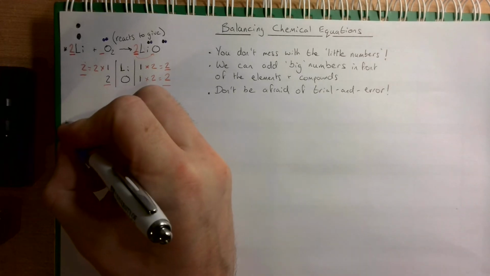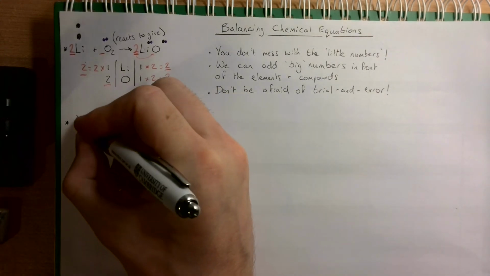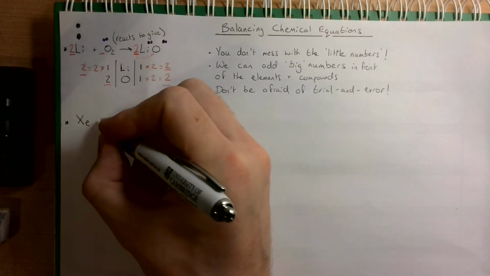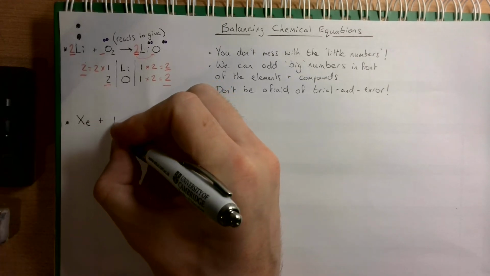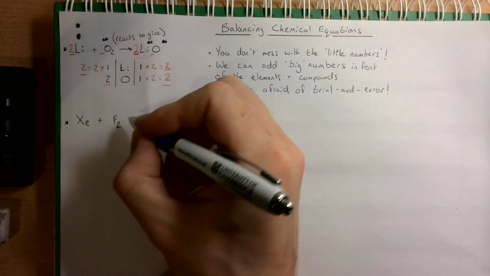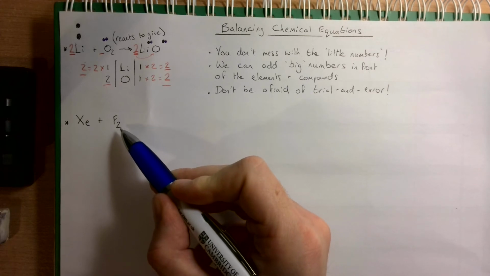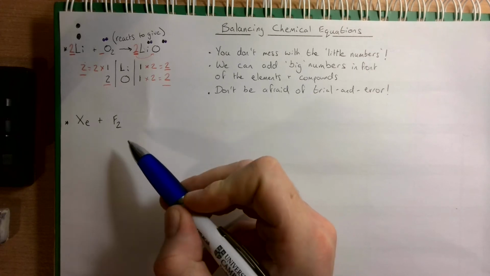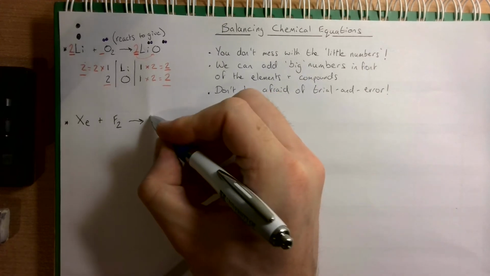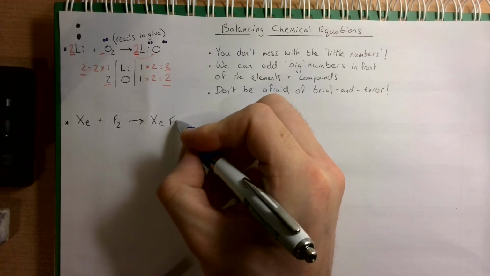Let's pop in another one. And what I want you to do is pause the video when you've written this in and have a go, and then resume it and I will do it along with you. Okay, so in this one we've got xenon. One atom of xenon reacted with 2 atoms of fluorine, one molecule of fluorine with 2 atoms in it, and together that reacts to give us xenon fluoride.